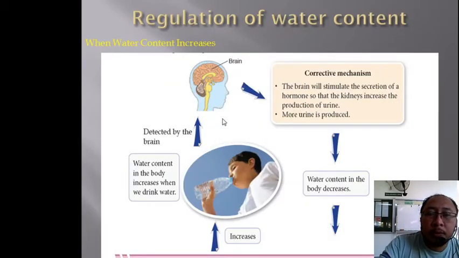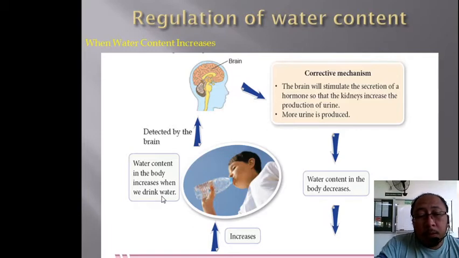So how is water content regulated in our internal body? When water content increases, what will happen? What is the homeostatic process that will occur? The first one is our brain. It will detect the increase of water content in our body when we drink a lot of water.